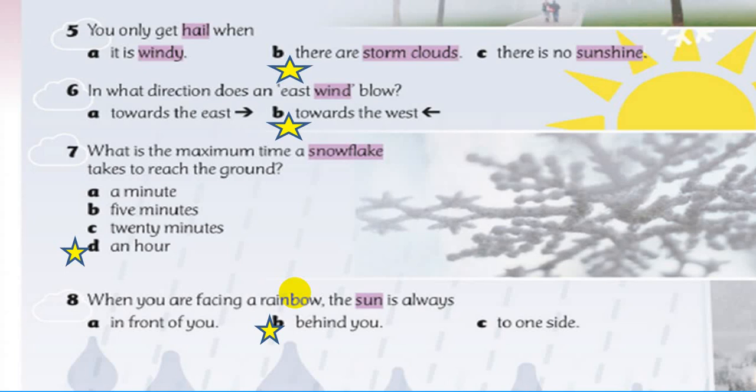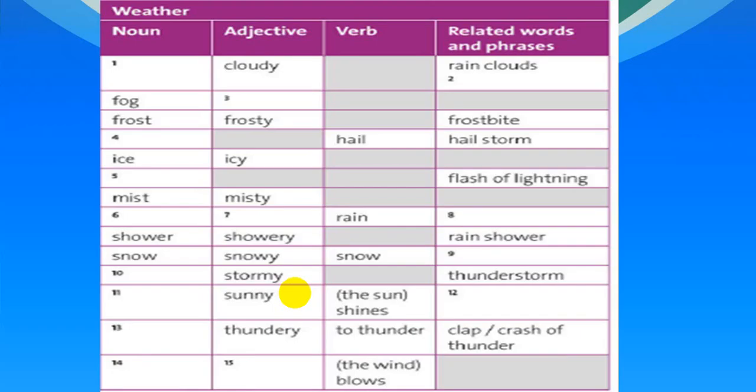Now, after this small quiz and pieces of information, let's move to weather words and word coinage. We have here 4 categories. Noun. Adjective. Verb. Related words and phrases. Cloudy.